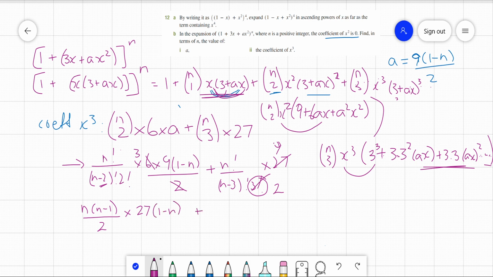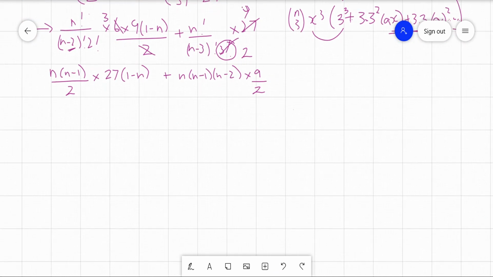And here I've got n minus 1, n minus 2, and then n minus 3 factorial on n minus 3 factorial, so that cancels. And then I've also got my times 9 on 2, I think, all together there. So everything's on 2, so actually I could put these things together.